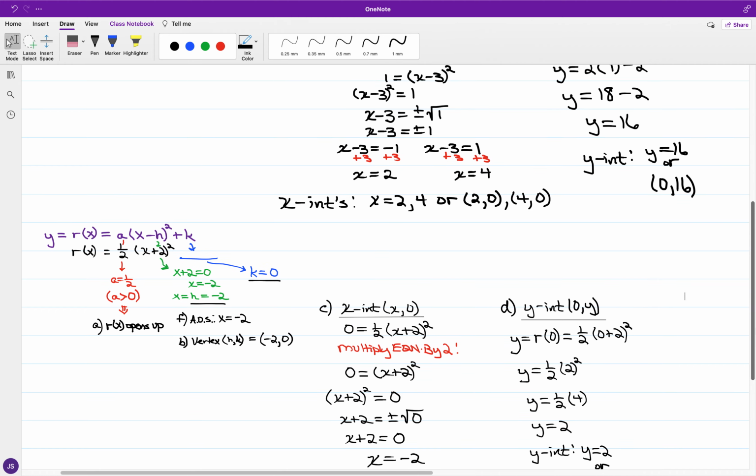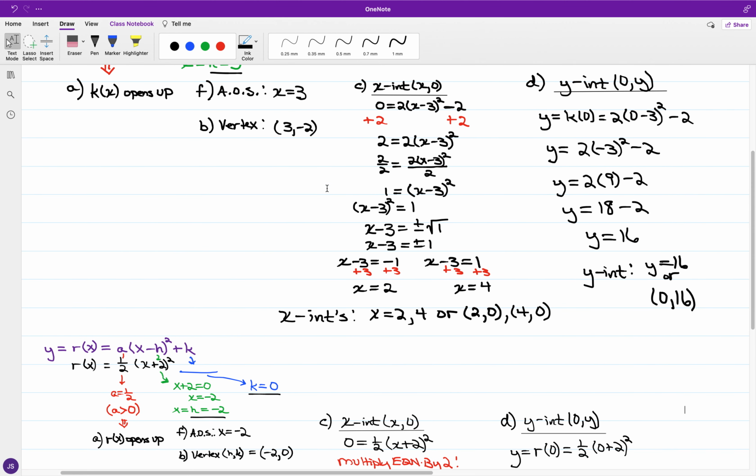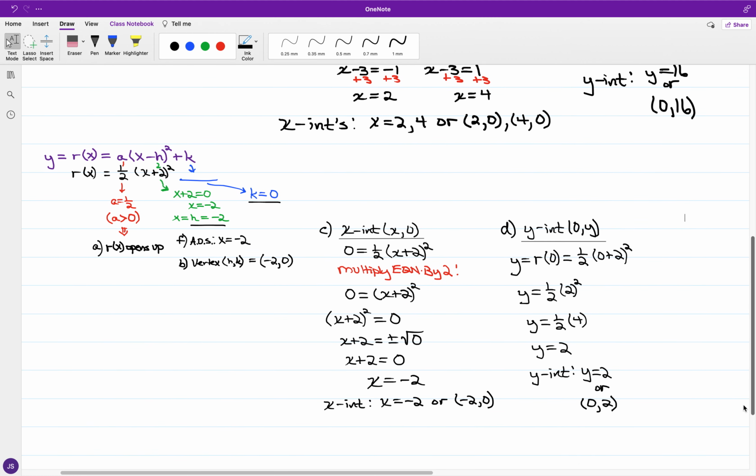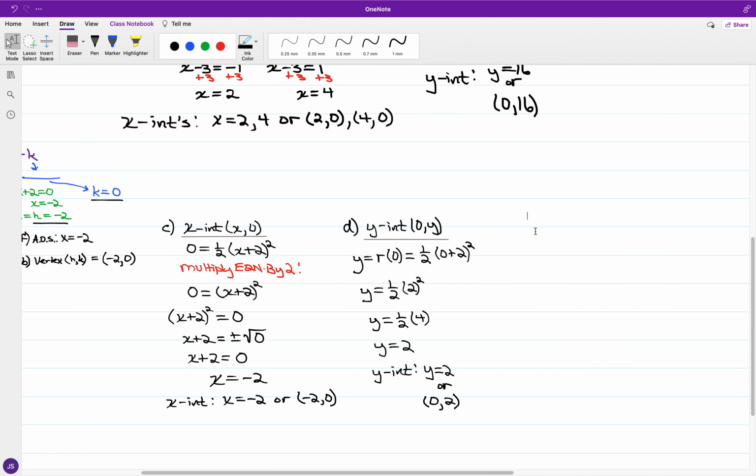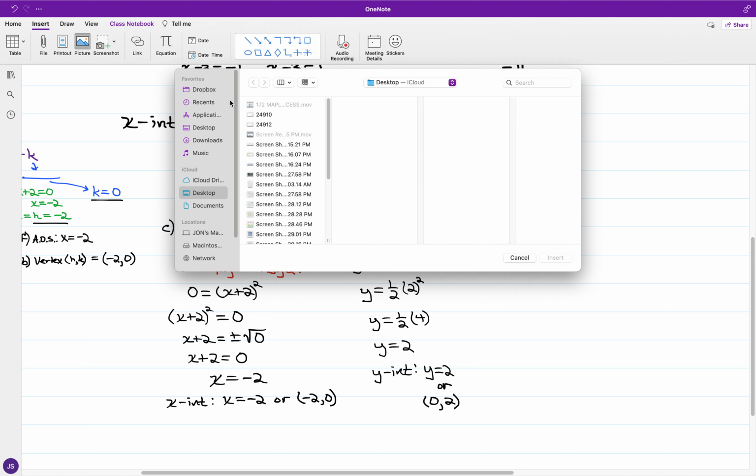Before, we had more points already identified since the vertex was distinct from the x-intercepts, and we had 2 x-intercepts and a distinct point with the vertex. So we had 3 points already laid out, and the y-intercept supplied a 4th point. Whereas here, after all this work, we have only 2 distinct points readily identified as belonging to the graph of this quadratic function.